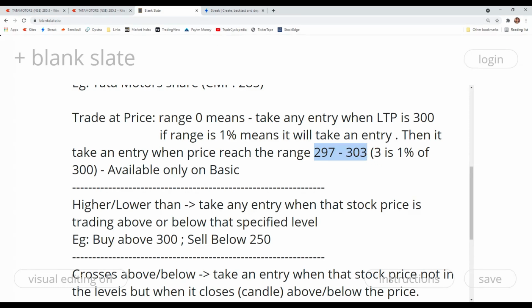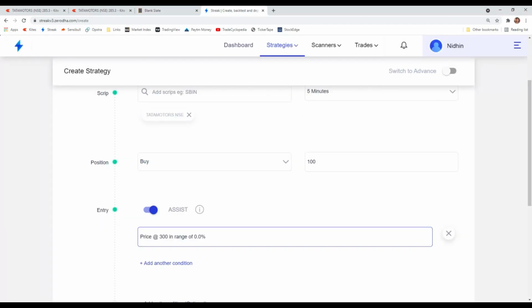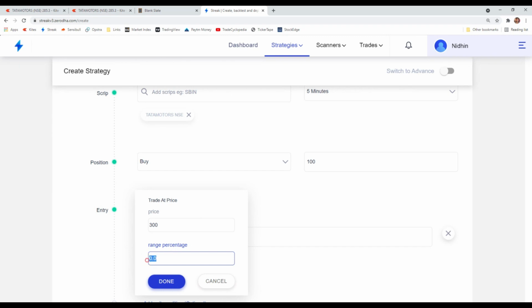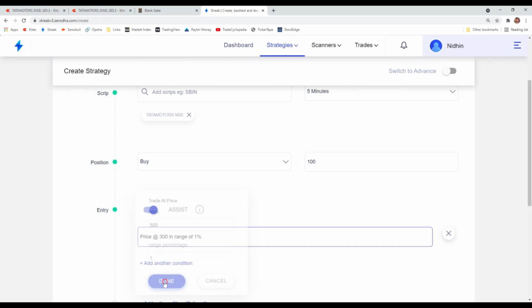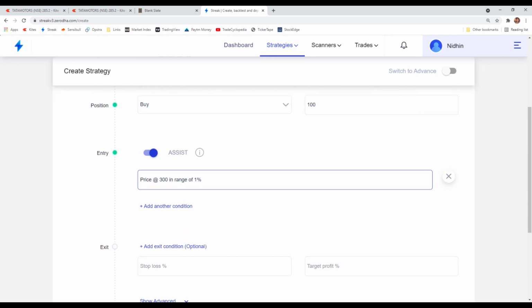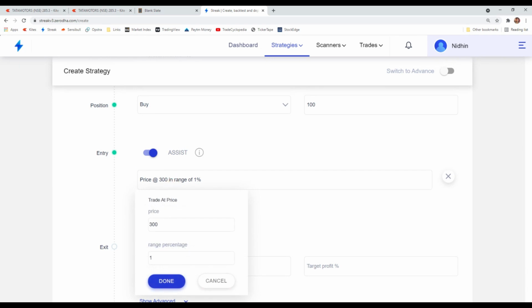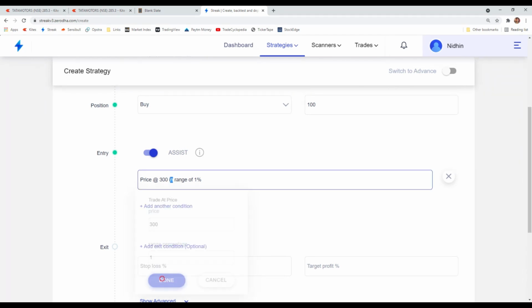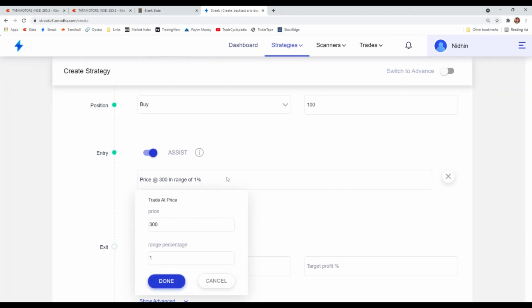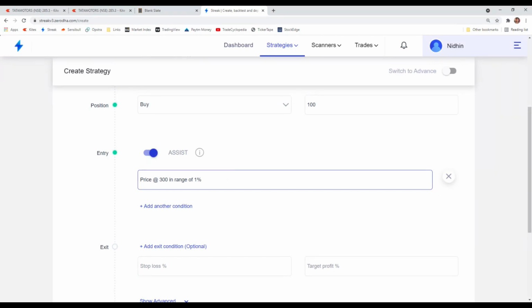As shown in the example, if I specify this range percentage as 1 instead of 0, with the price I mentioned being 300, it will take an entry whenever the price reaches within a 1 percent range of this 300.